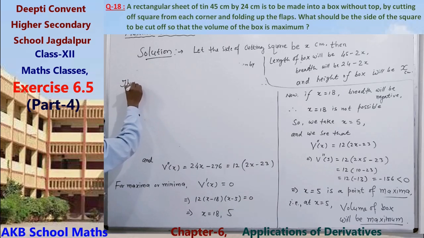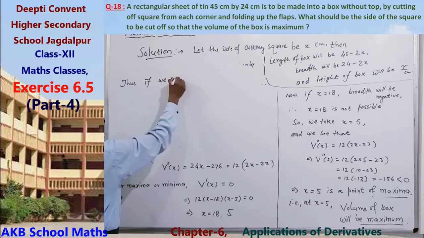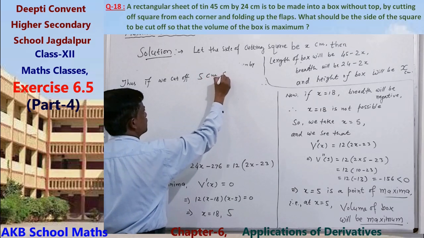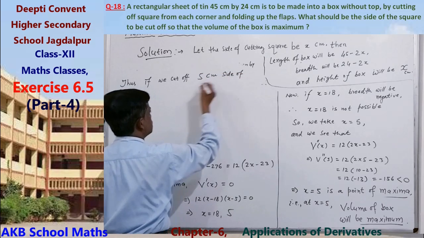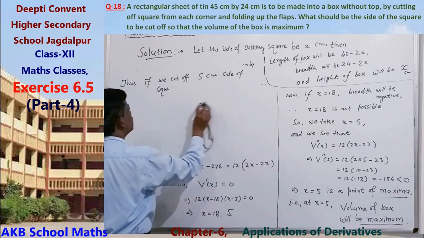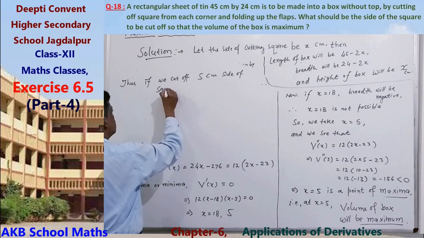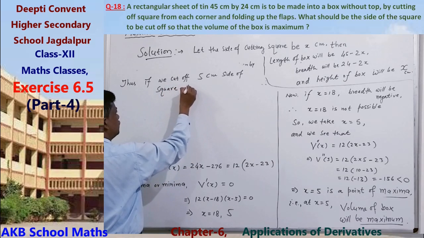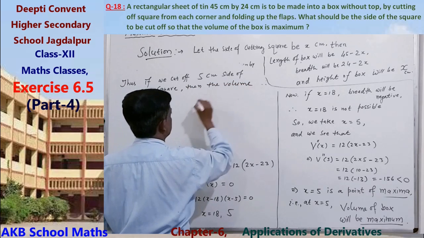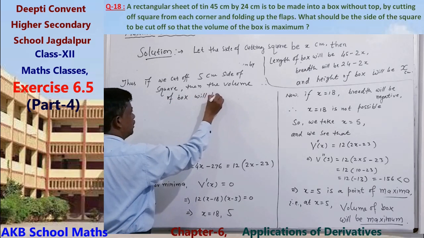Thus, if we cut off a 5 centimeter side of a square, then the volume of the box will be maximum.